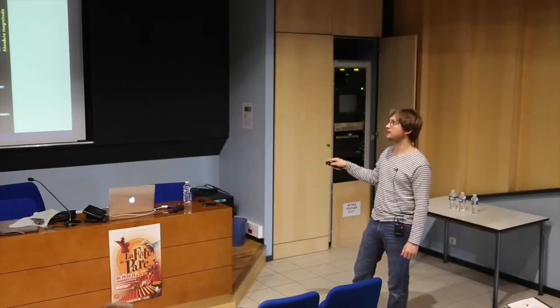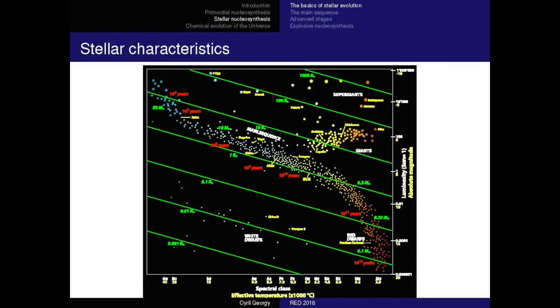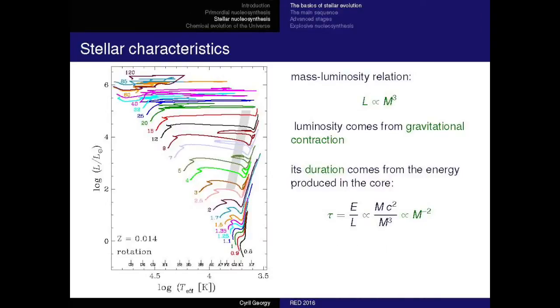This is only one snapshot of what you see around you, but you need more, and that's why we need stellar modeling to understand what will happen to stars in this diagram. Here is the same kind of diagram: again, the effective temperature of the star, so the temperature of the surface of the star, as a function of the luminosity for different initial masses.